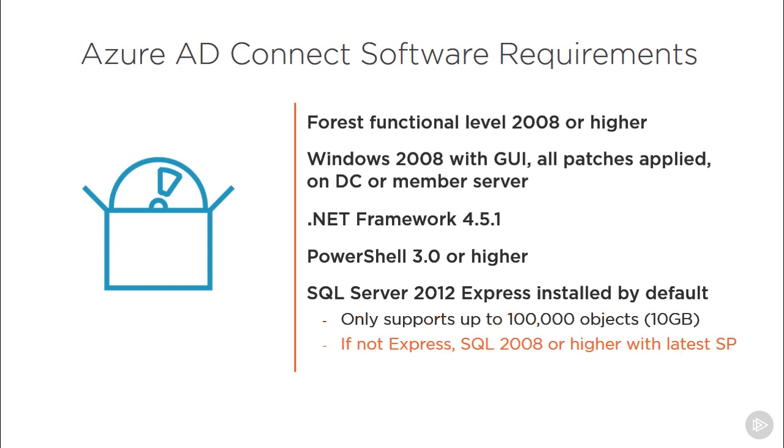If you can't qualify to use Express, you're going to need SQL Server 2008 or higher with the latest service pack. And one of the requirements for the version of SQL Server that you're going to be using with Azure AD Connect is a configuration called collation. There are hundreds of these collation settings out there, and some of them have CI in them, which is case insensitive. We need to make sure the collation that you're using is case insensitive. So those are the software requirements for Azure AD Connect.